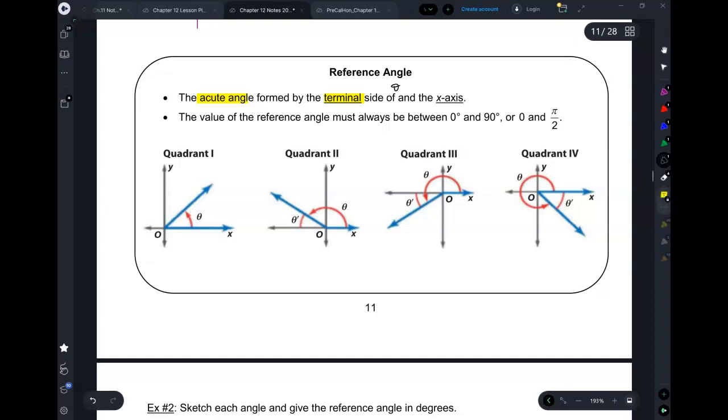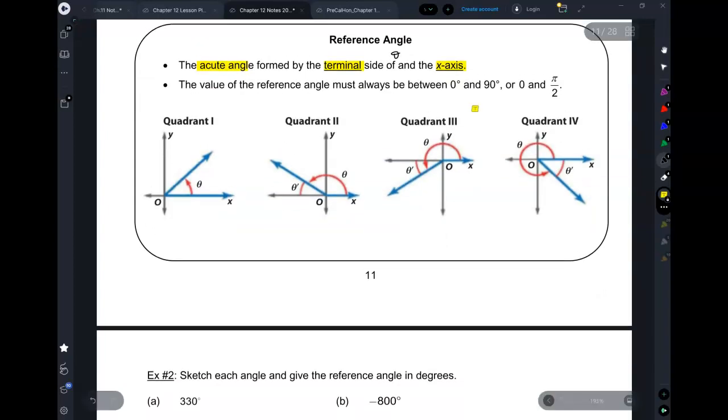All right? So if your angle is in here in the first quadrant, that's the reference angle. If this is your angle here, the reference angle is between the terminal side and the nearest x-axis right here. It always has to be an acute angle, okay, between 0 and 90.